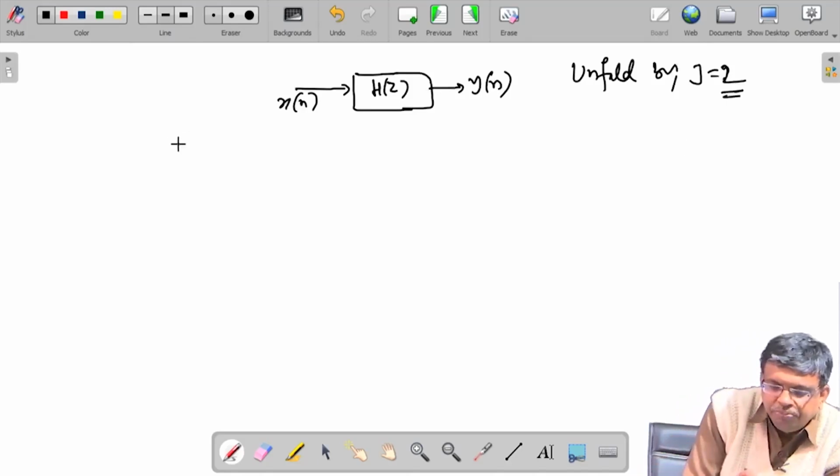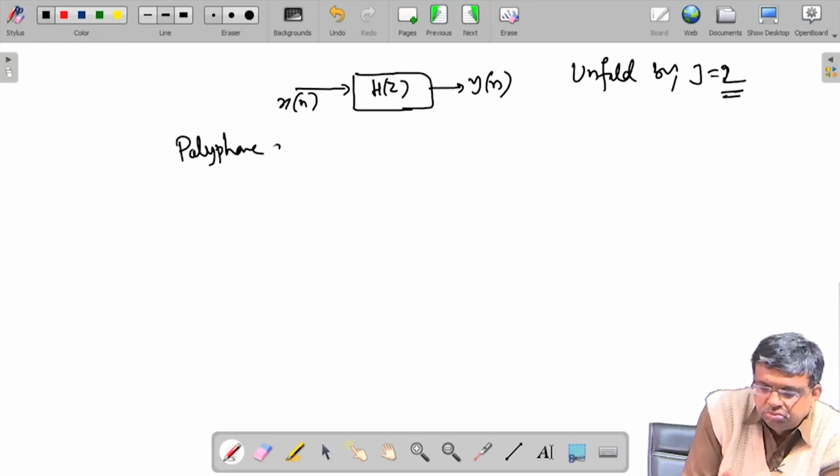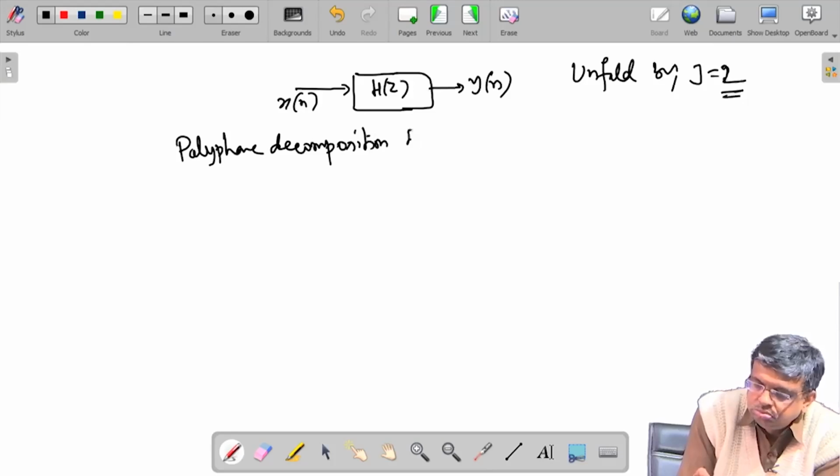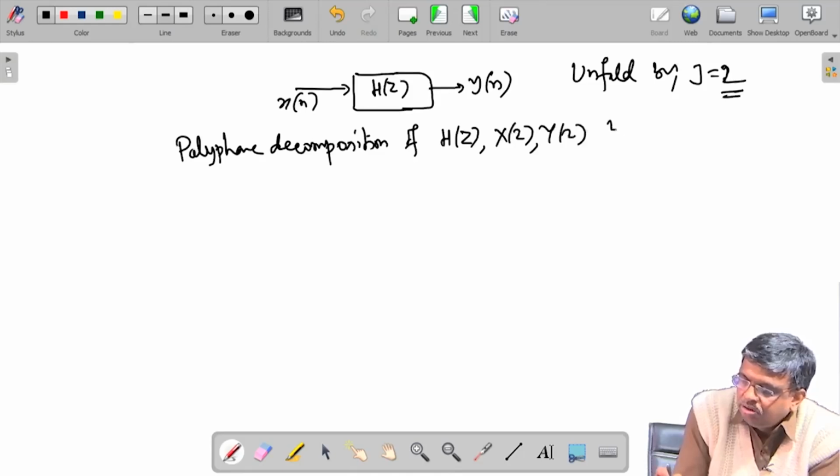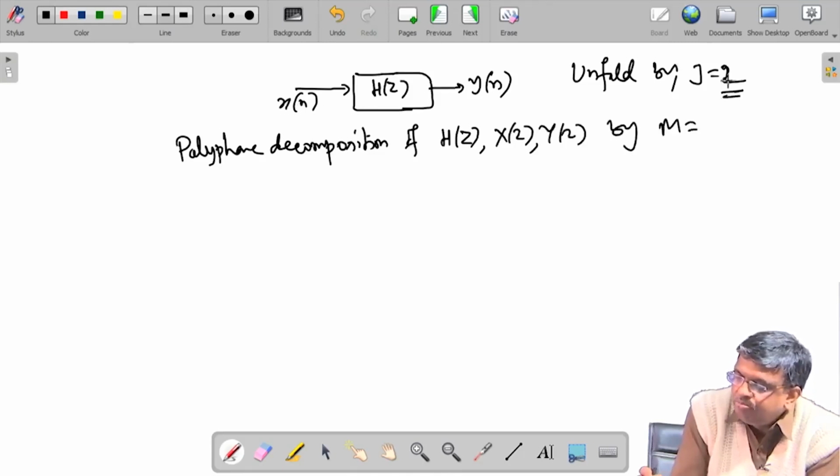We go for H(z), X(z), Y(z) by M equal to the same factor 2.